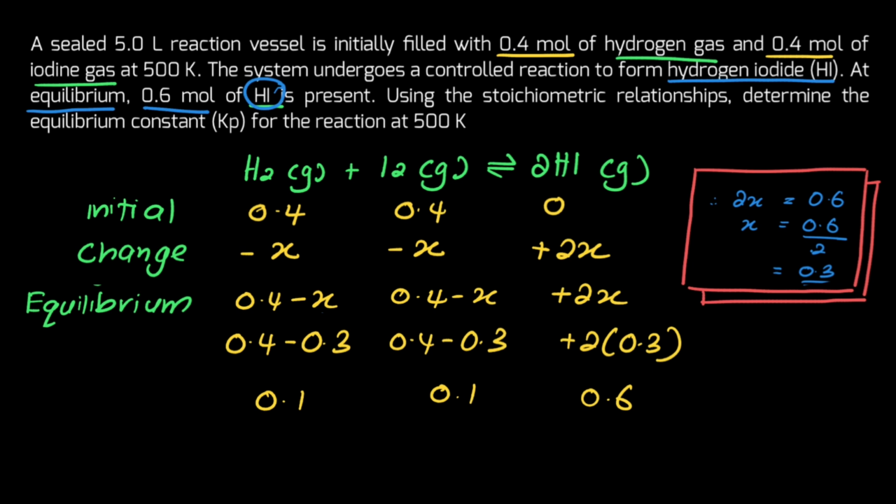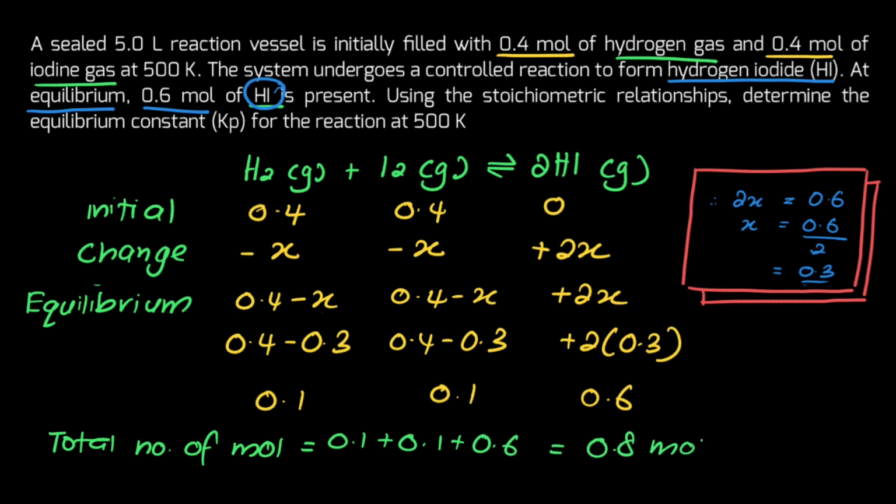This is the value at equilibrium, so basically this is the number of mole. Now we can calculate the total number of mole at equilibrium. It should be 0.1 plus 0.1 plus 0.6, and you will get 0.8 mole of gas at equilibrium.